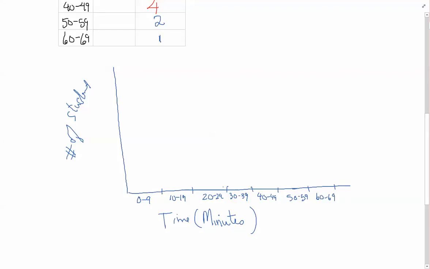It's important, because I'm doing this by hand and without a ruler, I haven't made those exactly the same width. They should be identical widths. Going up, I have a maximum of 4 students, so 1, 2, 3, 4. Always put a title in: time students spend on computer.